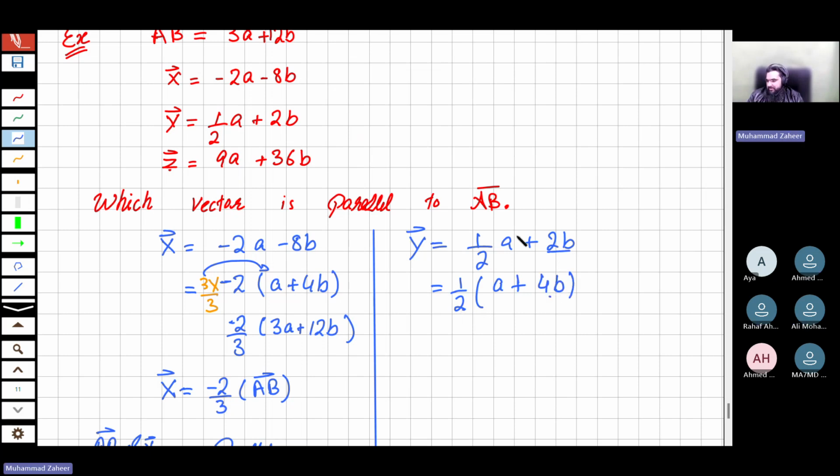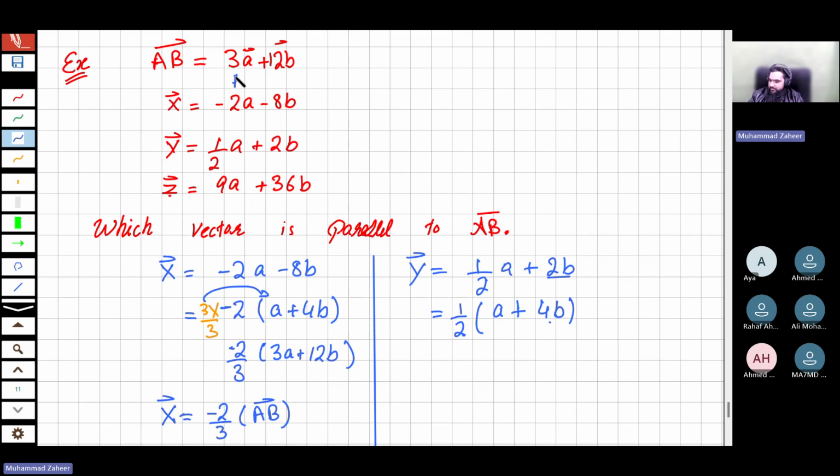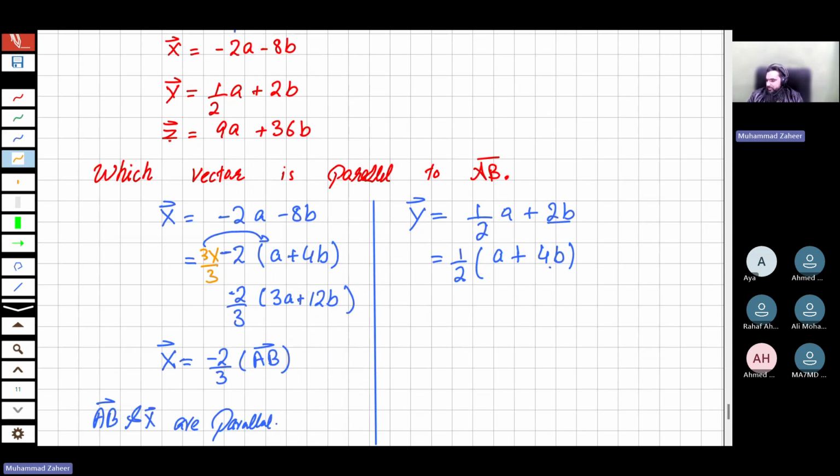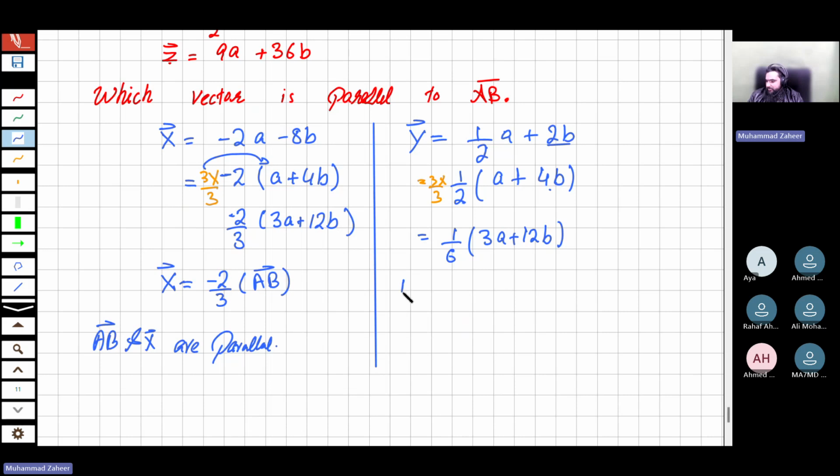When you multiply them, again look here, it is 1 over 2a, and 2 times 2 is 4, so 2b. Now I need 3 here, right? So I multiply and divide with 3. Take the numerator 3 inside the bracket. It is 1 over 6, it will become 3a plus 3 times 4, which is 12b. Alright, this vector is also able to be written in the form of this one. This means that the vectors AB and y are parallel.